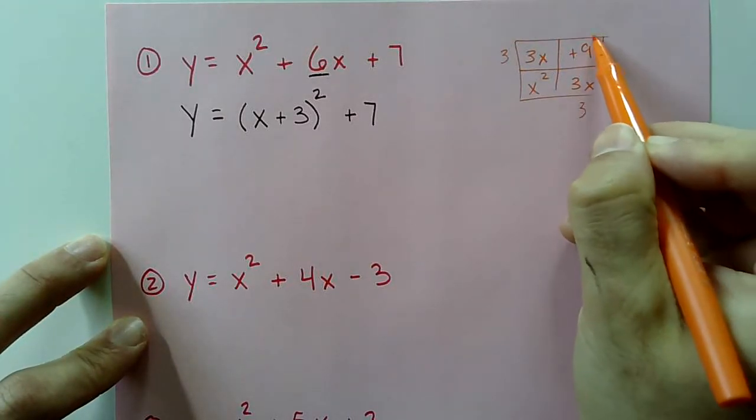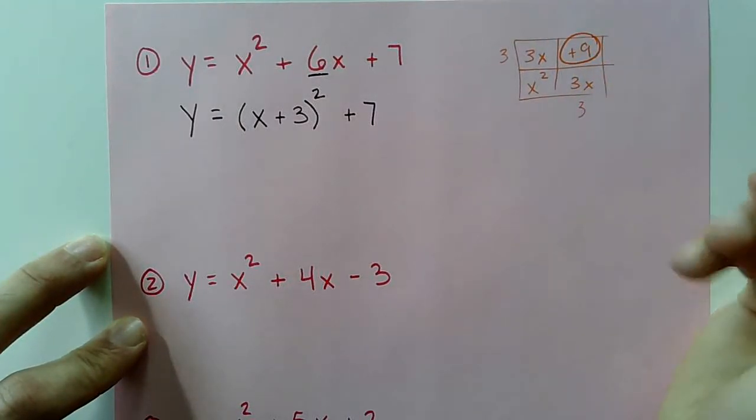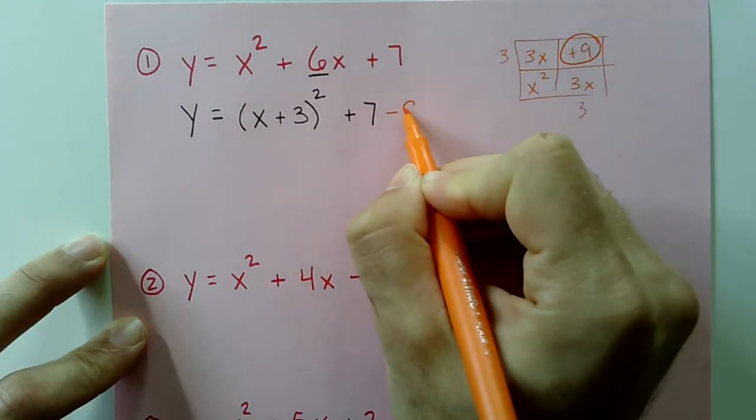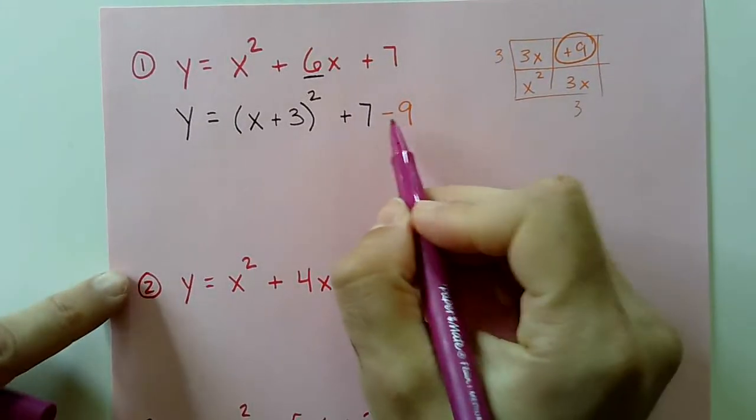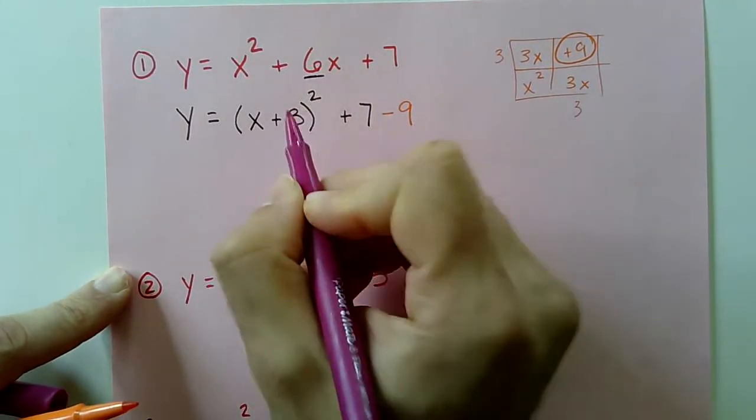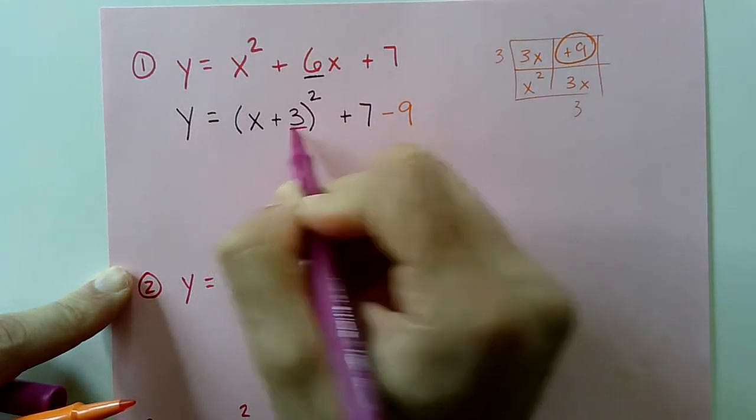And if I added 9, I have to subtract 9 so that it cancels each other out. I can't just add 9 new tiles without also taking those tiles away to cancel them out. What you're going to notice here is the number we subtract will always be the square of this.